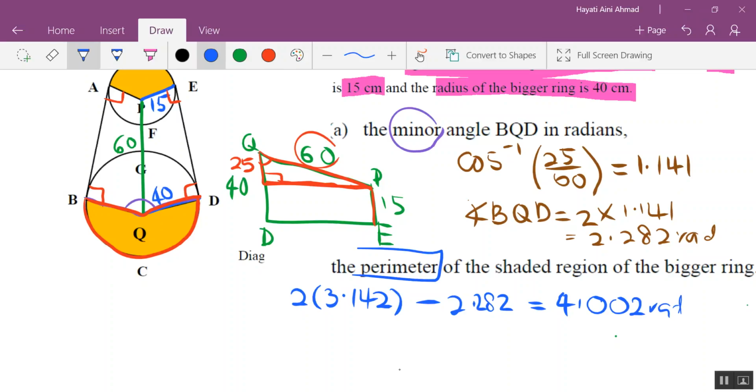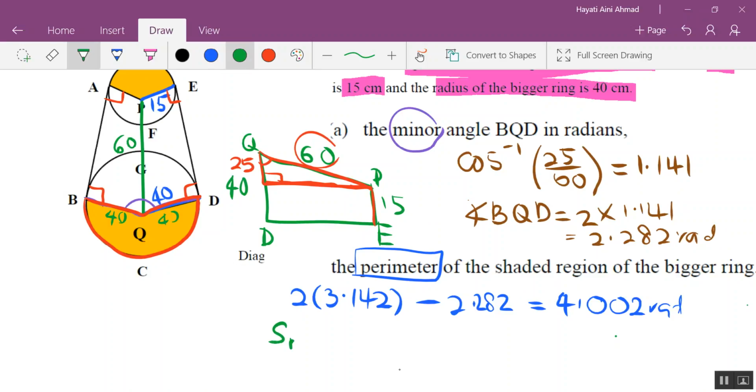The word perimeter here carries the same meaning as if you are trying to set up a fence at the boundary of the shaded region. So we know here that we already know this is for T and for T. In this case, we have to find the length of arc BCD.